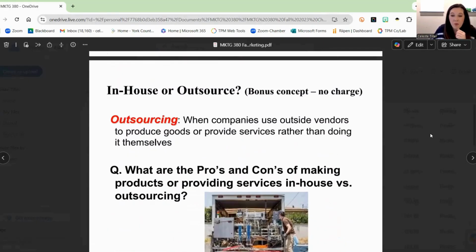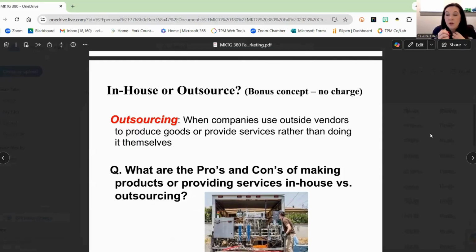When it comes to outsourcing, this is when a company has to decide if they're going to use outside vendors to produce certain goods or services, or they're going to produce it themselves. A great example of this would be McDonald's selling pastries. I've seen that happen a little bit in their stores.